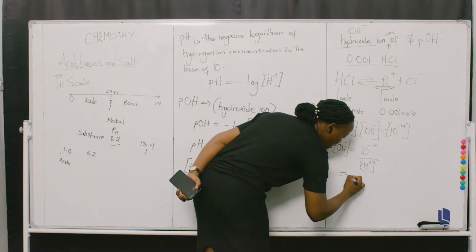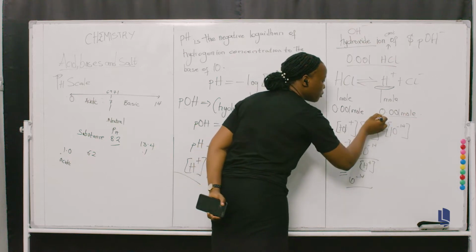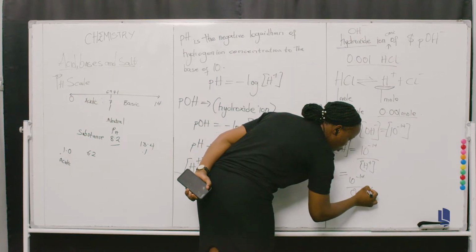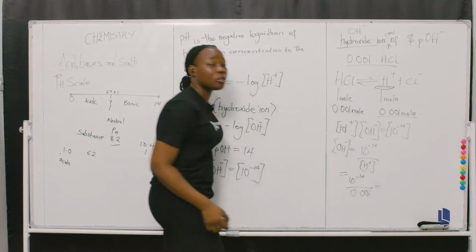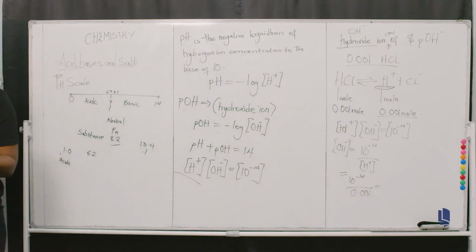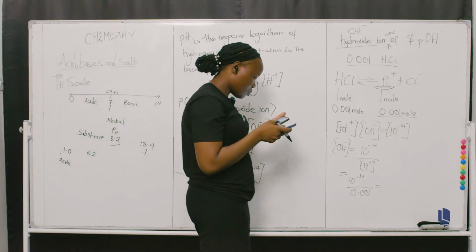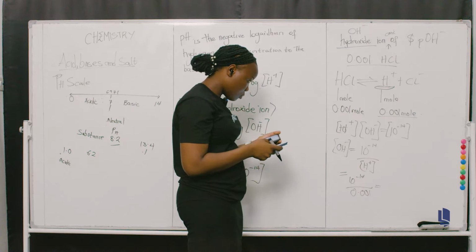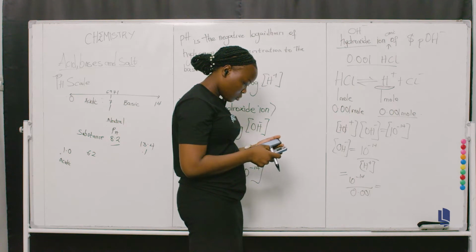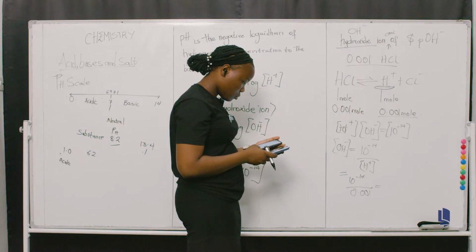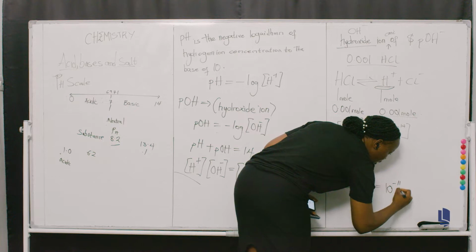So I can say 10 raised to power minus 14 divided by this value, 0.001. So let's punch this on our calculator. And that is 10 raised to power minus 11.